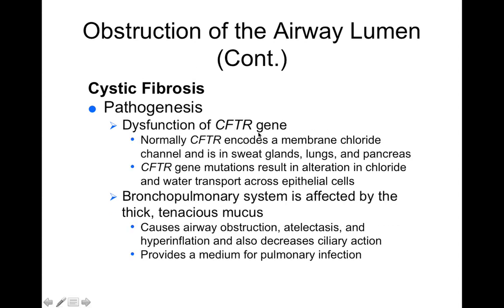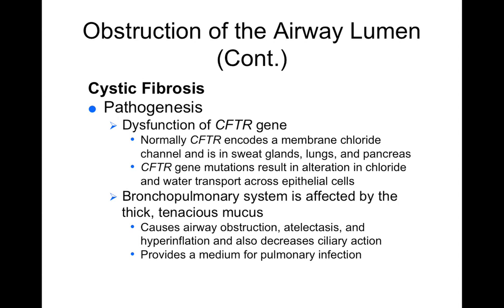Now, it comes from a dysfunction of the CFTR gene here, and if you're inheriting both defective genes here, what ends up happening then is you can't transport water very well across your epithelial cells, so the mucus that you're making is more thick, tenacious, and viscous, or actually more kind of sticky. So it's much more difficult to remove from your airways. You might wonder, well, why would that lead to death? Like, how would having thick mucus in your airways be potentially fatal?